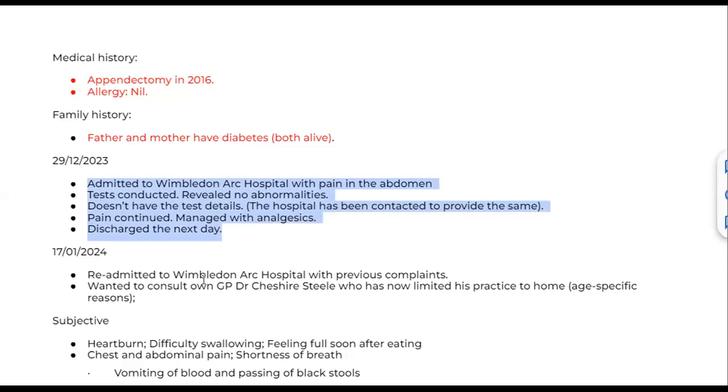Maybe the patient, Mr. Tom Palm, may have, after this, admitted to Wimbledon Arc Hospital with pain in the abdomen. See, on 29th December 2023, that means just last month, do you think the doctor was still working here?